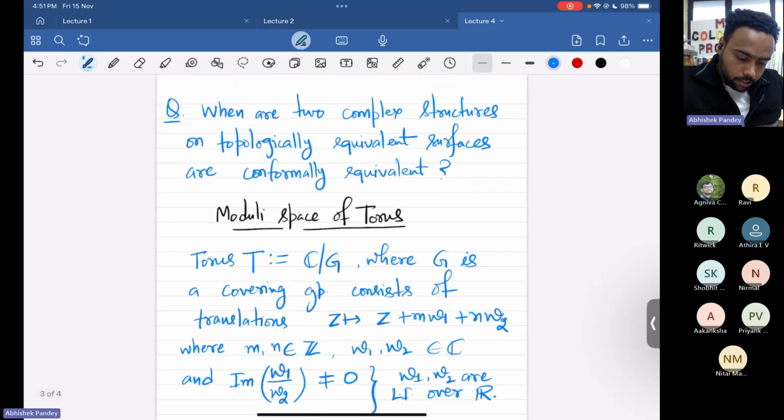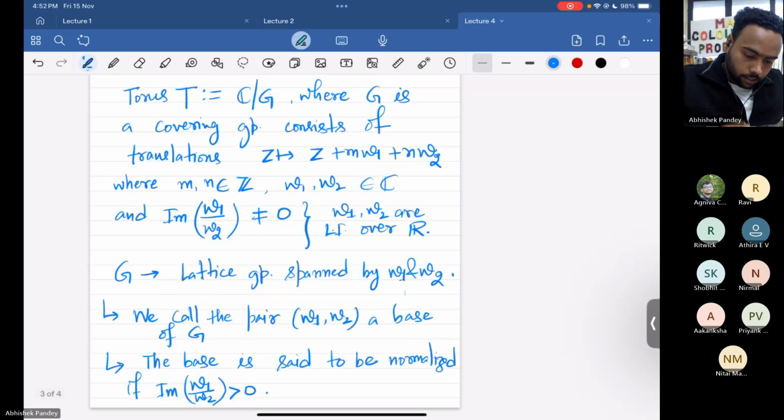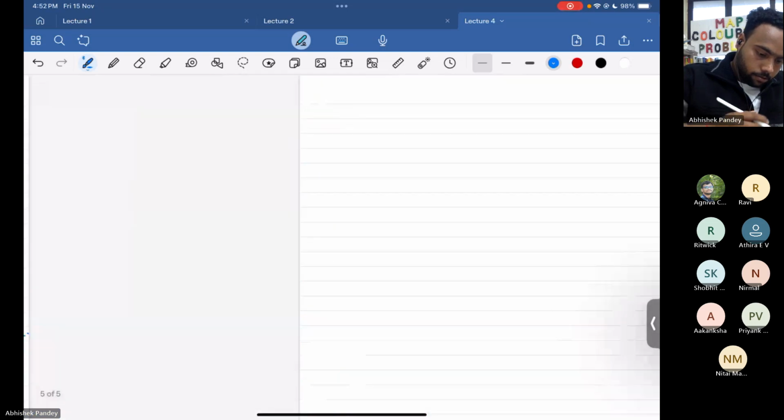Yeah, so base of G means the torus is C modulo G, and this G is spanned by W1 and W2. Oh, okay. So if W1', W2' also span the same G, they have to be linear combinations of W1 and W2, isn't it? Yeah. So that thing is fine. Let's see the proof.